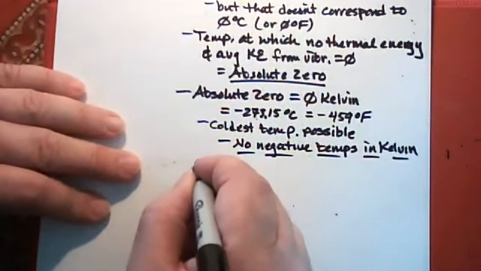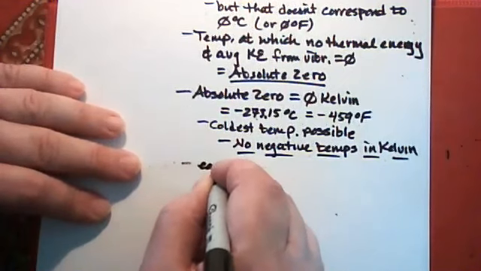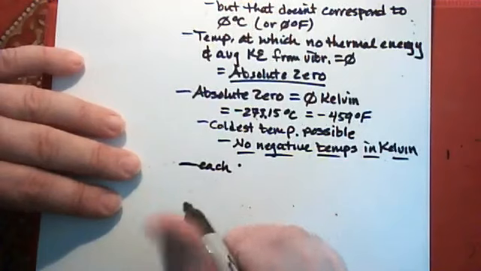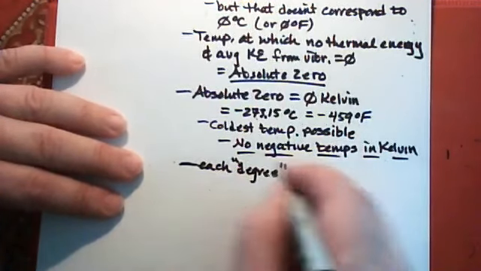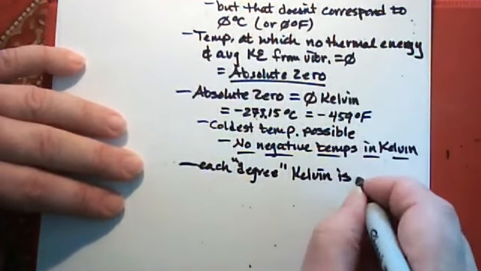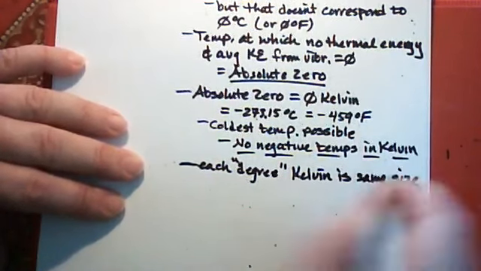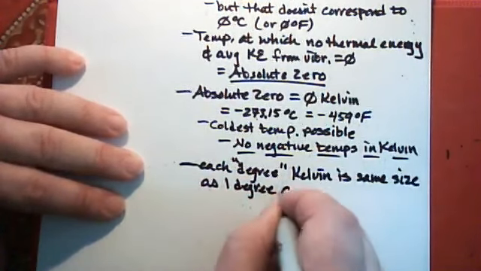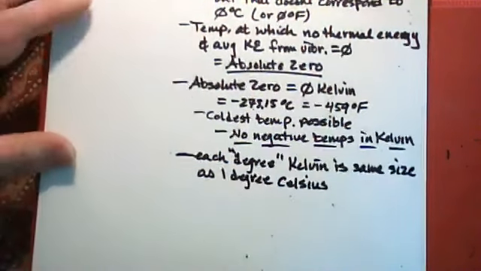It's also useful to remember that each degree on the Kelvin scale is the same size as 1 degree Celsius.